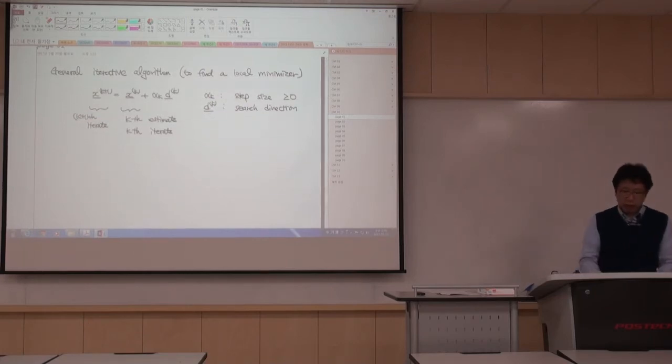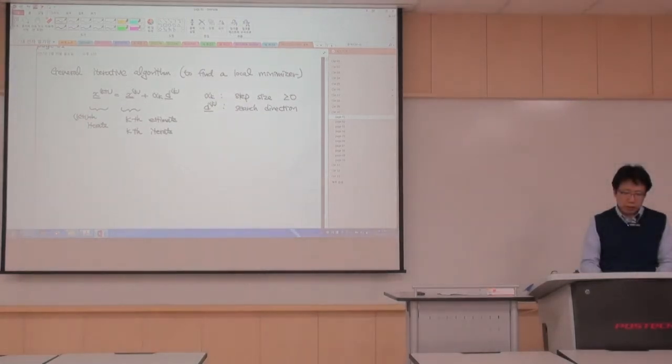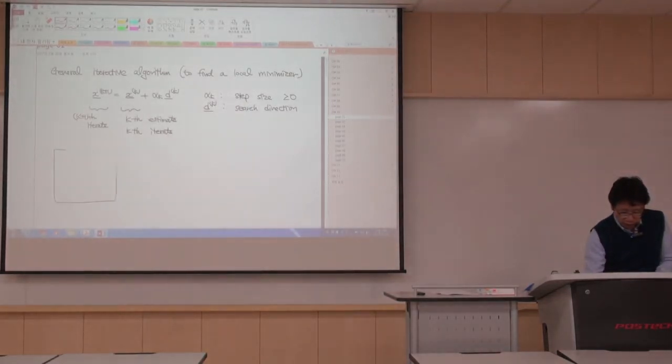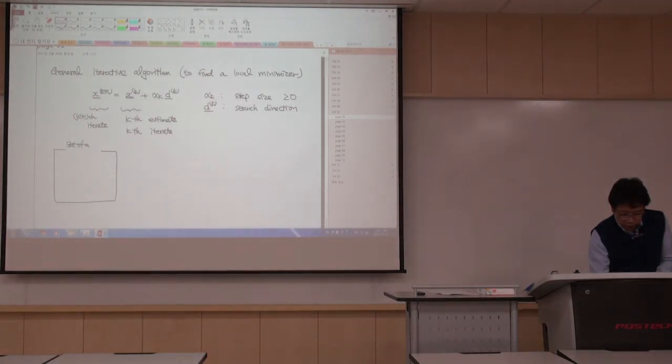Now, the first subclass of our iterative algorithms is gradient methods. So here you have the set of all iterative algorithms.